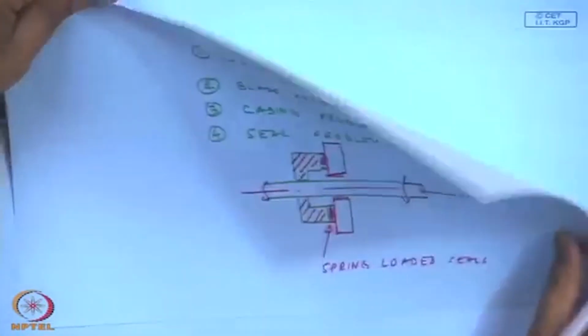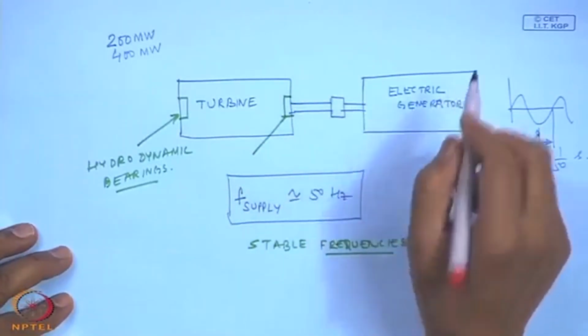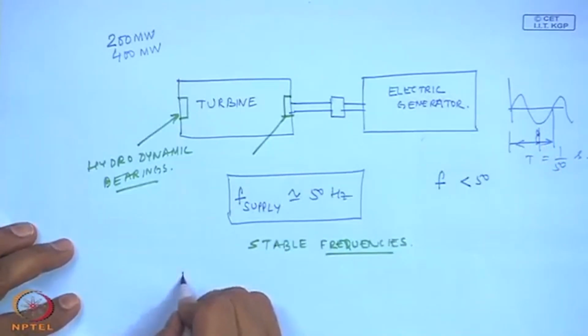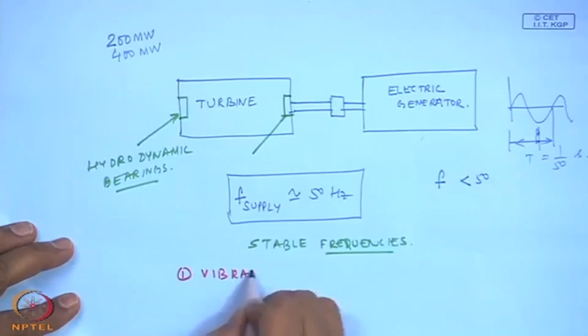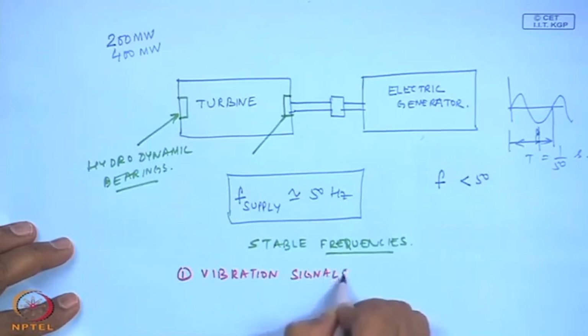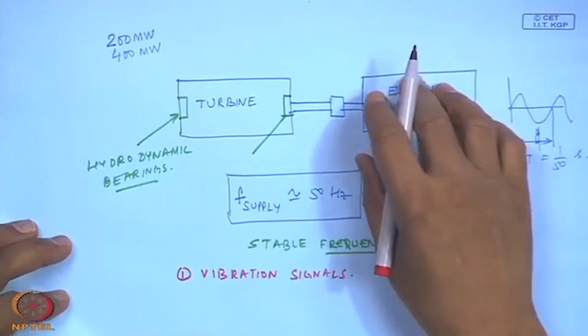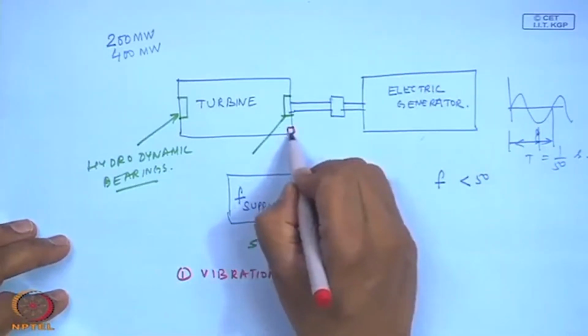And of course, as I was telling you right in the beginning, if I go back to this figure here. For the turbine, the first place would be to put vibration sensors at all locations. By all locations, what do I mean? Of course, all the bearing locations, all the foundation locations.